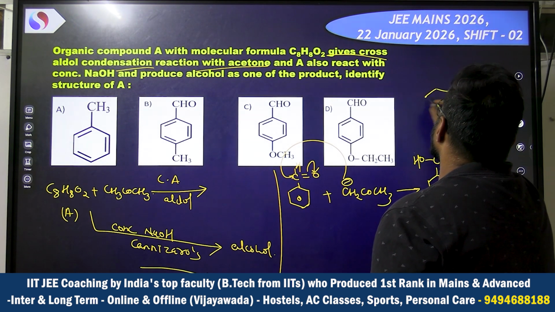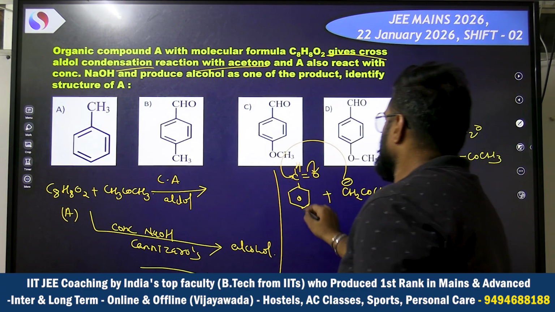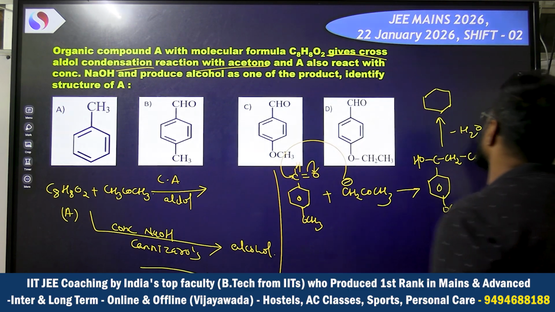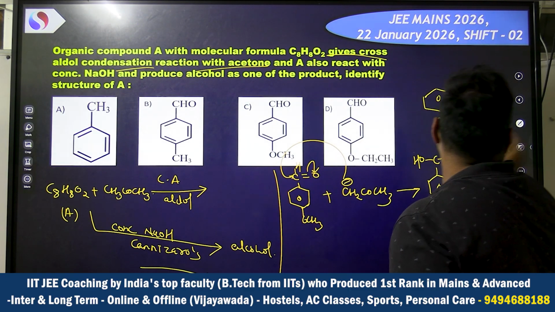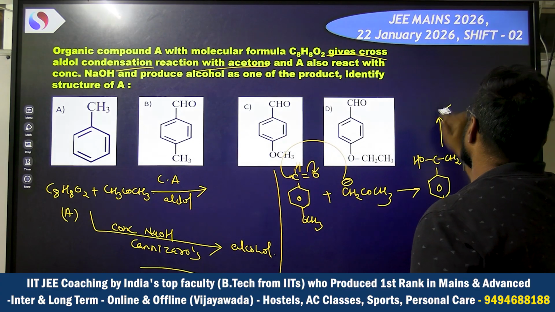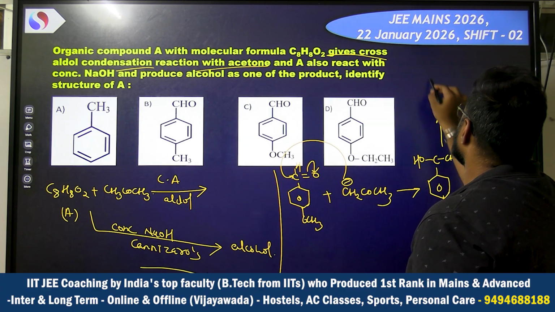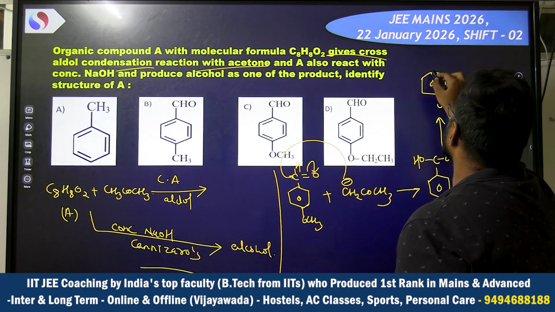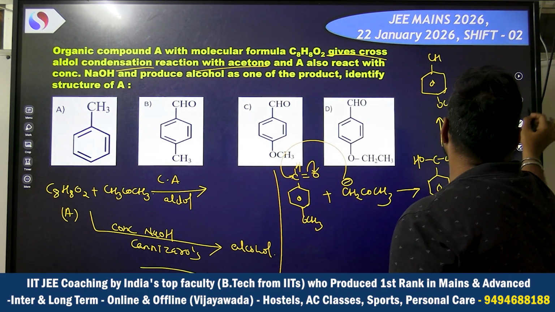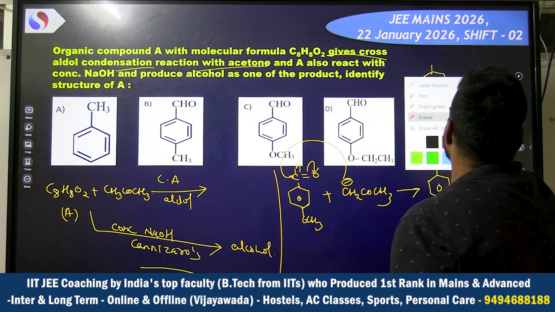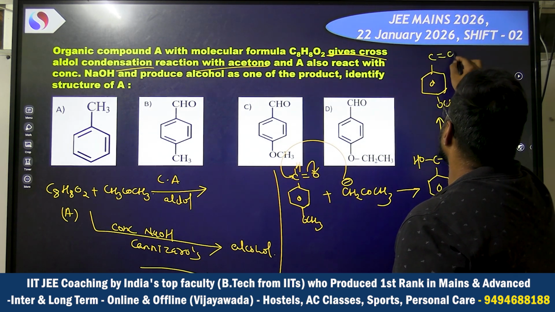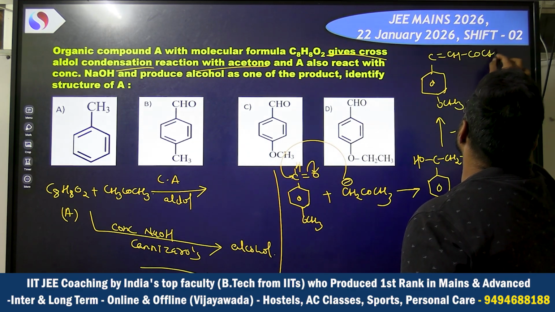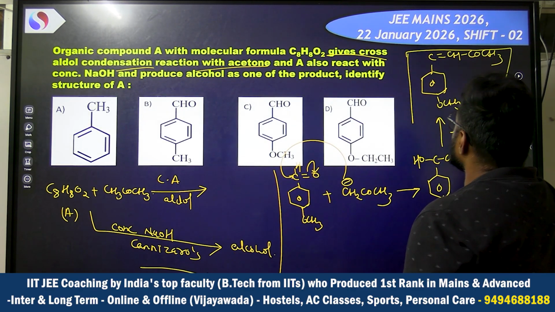So this will be OCH3 and OCH3, C double bond CH COCH3. This will be the cross-aldol product.